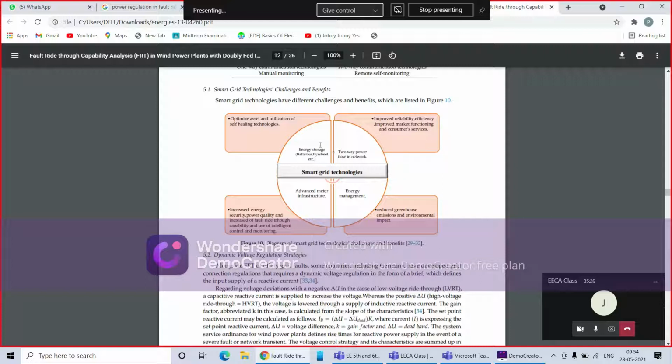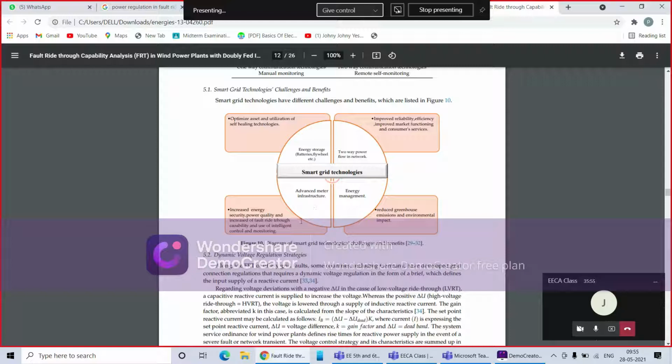And energy storage systems, which you can install at the distribution site, and these energy storage systems could be batteries, flywheels. And what are they doing? Optimized asset and utilization of self-healing technologies. They are contributing to the utilization of self-healing technologies. And then again you have the advanced metering infrastructure. You all are very much aware that you are now having advanced meters.